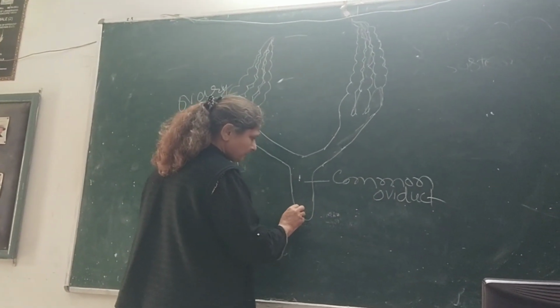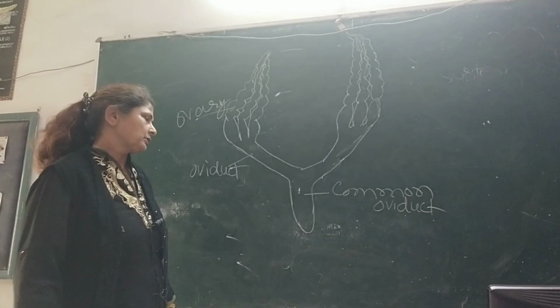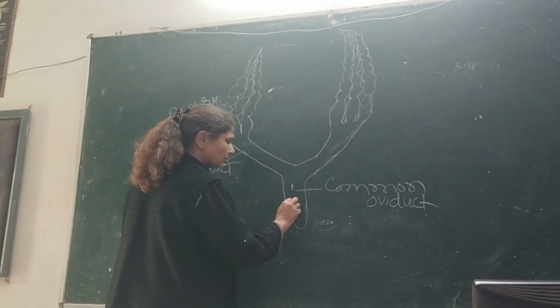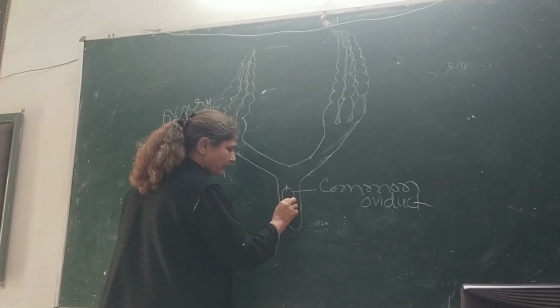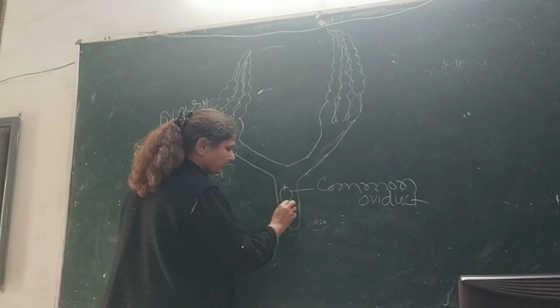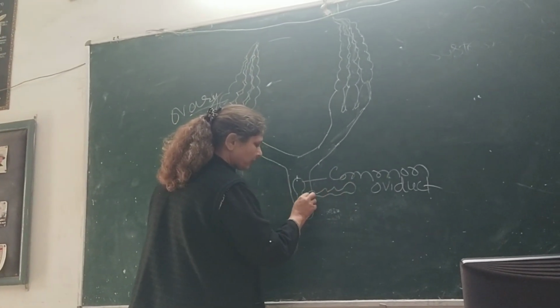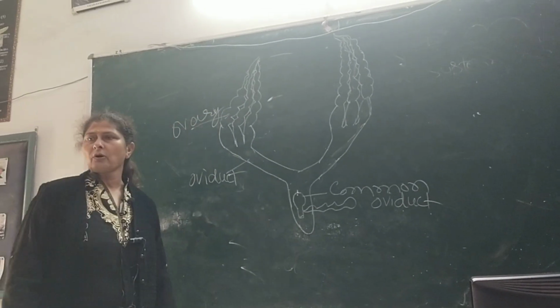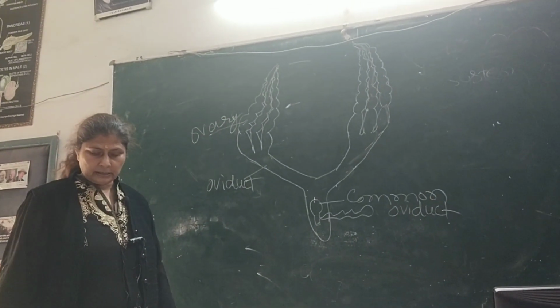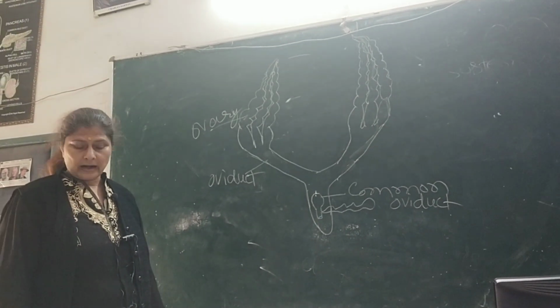There are present two important structures which are called the spermatheca. I have told you there is one pair of spermatheca, one left and another right.